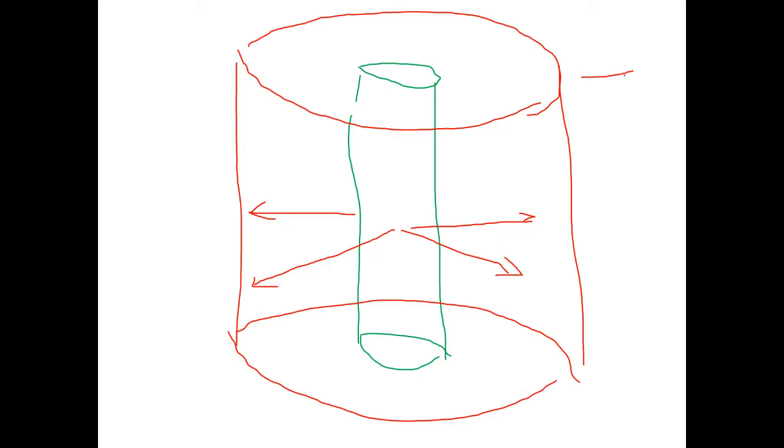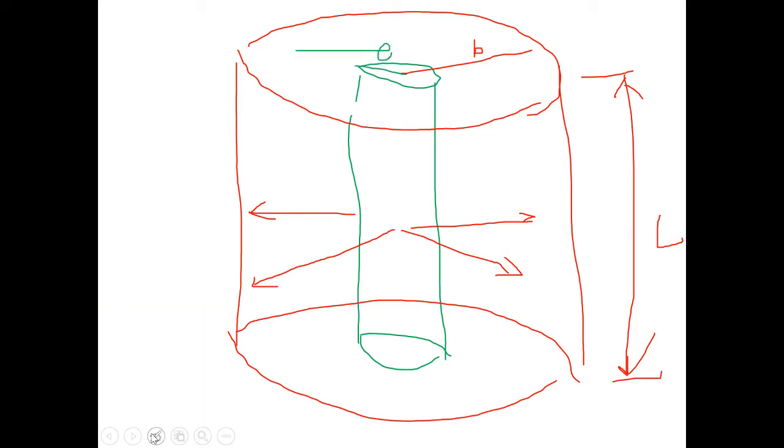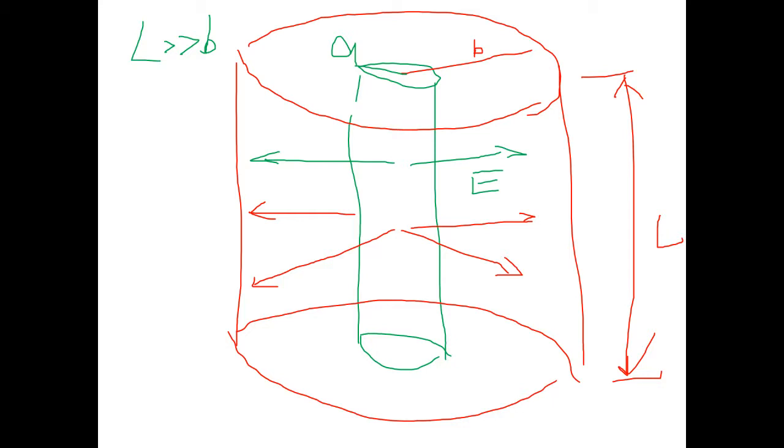This is B, this is A, and we assume L is much larger than B. So for different heights, we also assume the E field is uniform in the cylindrical coordinate.